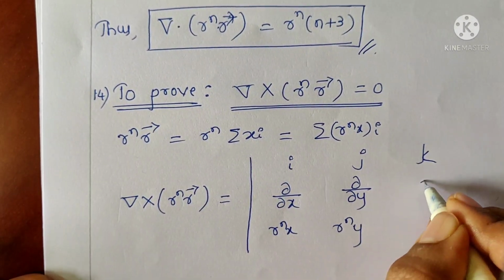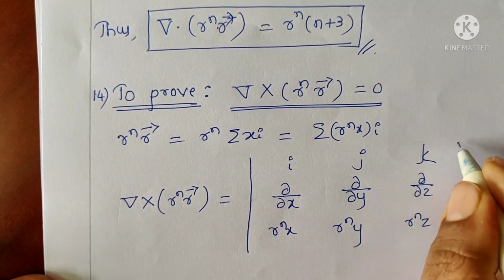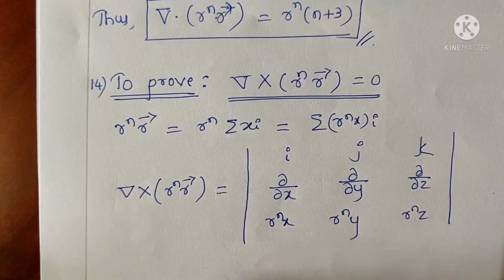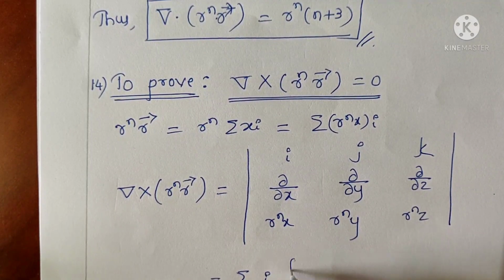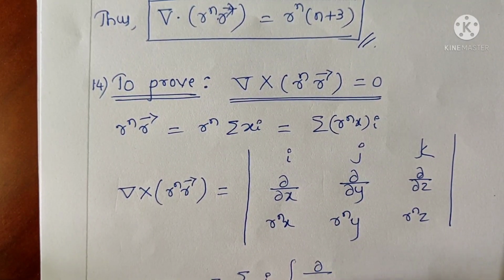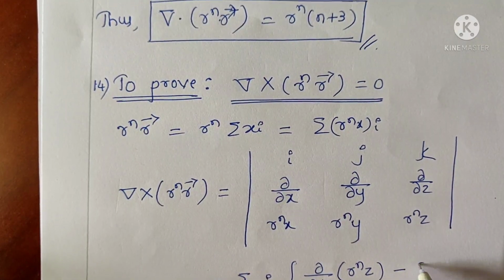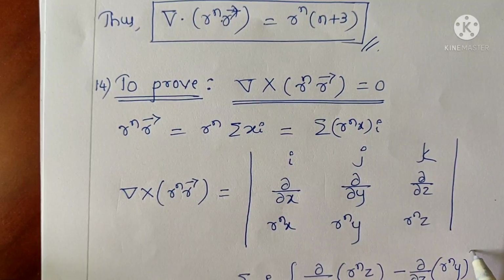For k, ∂/∂z, then r^n into z. So now upon expanding the determinant, it is summation of i into ∂/∂y of r^n z minus ∂/∂z of r^n y.